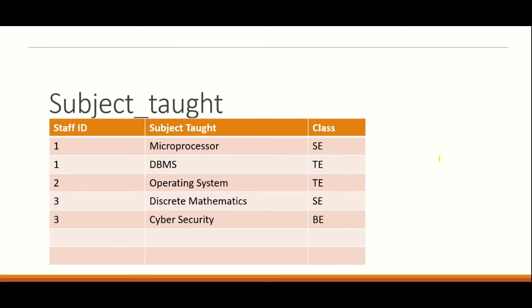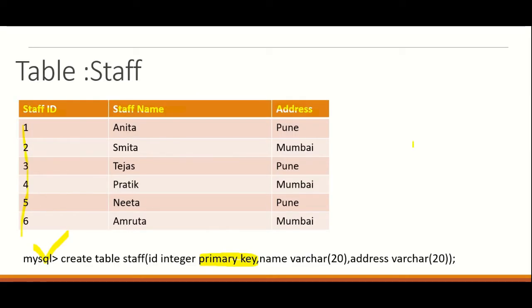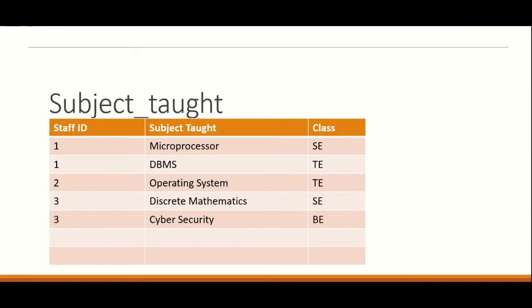Now how to add a foreign key constraint? If you have two tables and you want to link information in them, like in the staff table you have recorded information about staff. Now in this table you want to record information about subjects taught by that particular faculty. Here, staff ID and subject taught.